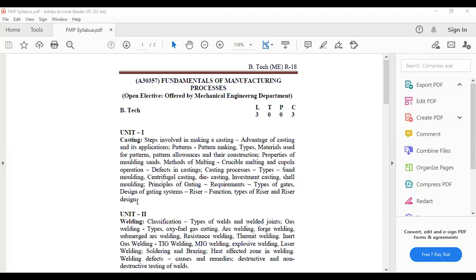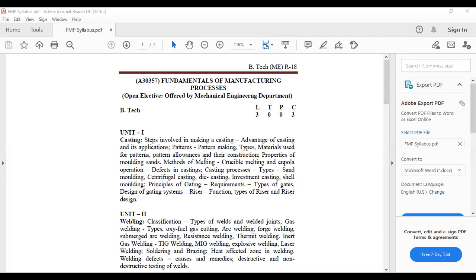So it completely deals with casting, what all types of casting we have, and what all you need for a casting, like the steps involved, advantages, applications, patterns, types of patterns, materials used for patterns, right? Methods of melting, crucible and cupola operation, basically to melt the metal, right? Or the material, whichever is being casted. Defects, and then as I said, processes, the different types, the most general used, and then the gating and riser design, right? All these is what your first unit is.